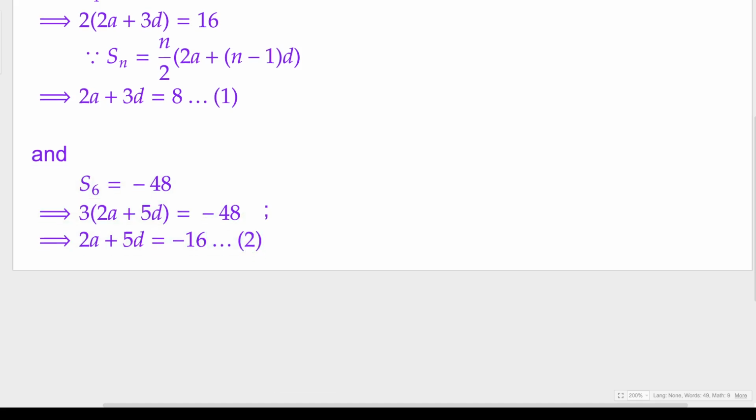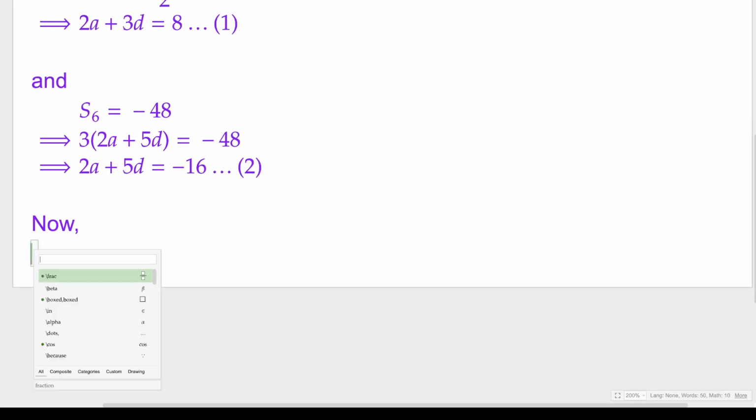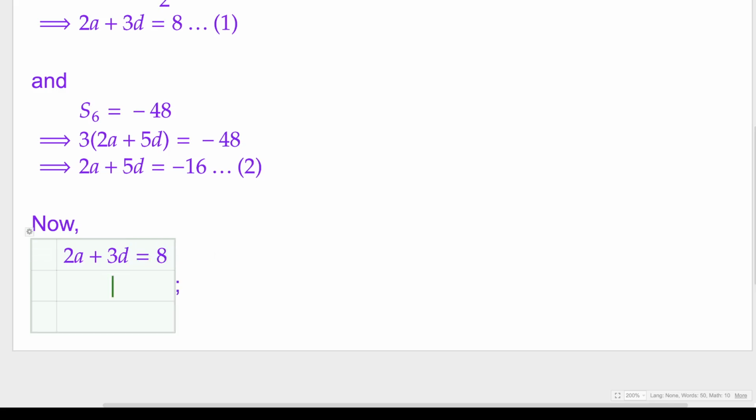Now we'll perform the subtraction operation. I will take the first equation, 2a plus 3d equal to 8, and the next equation I will write here as 2a plus 5d equal to negative 16.